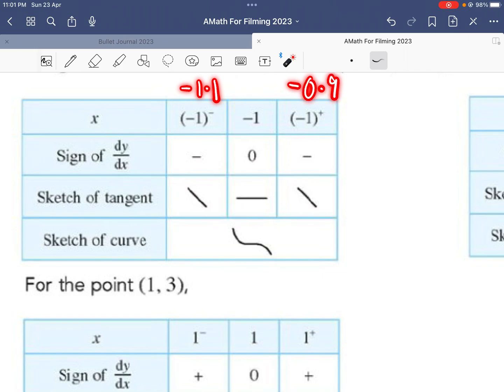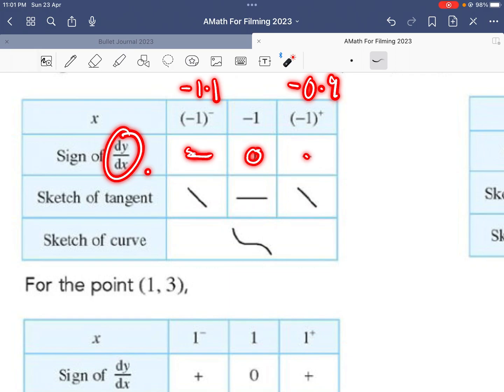If you have trouble with these values, you may choose to use a number line to help you ascertain what values to put into dy/dx. In this case, you'll find that at −1.1, slightly to the left of −1, it is negative. On the point itself, it must be 0.